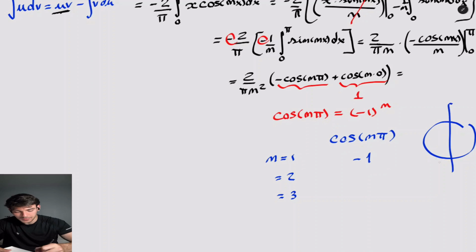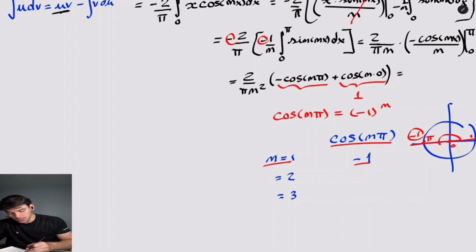If we just remember about the trigonometric circle, pi is here. Cosine is the horizontal line, so we'll have minus 1. Okay, here is 0 and here is 1. So pi is this angle here, so we'll reach minus 1. So n equals 1, cosine of pi is minus 1.